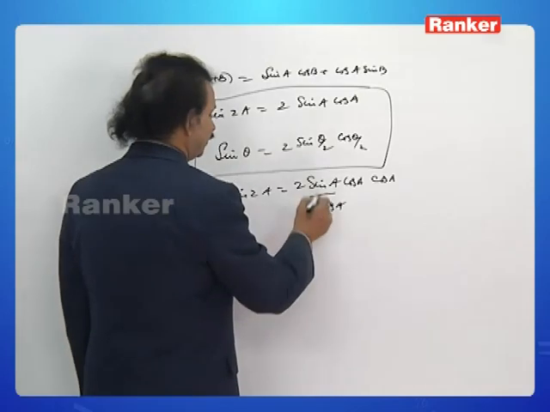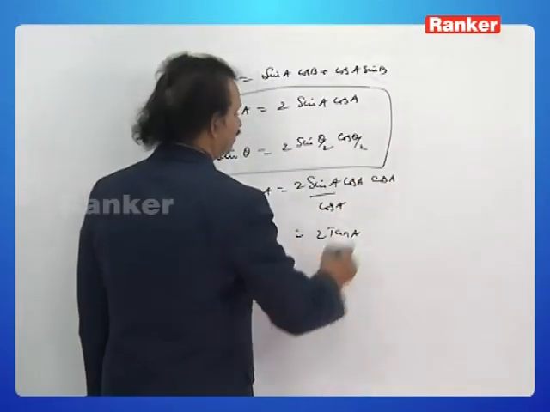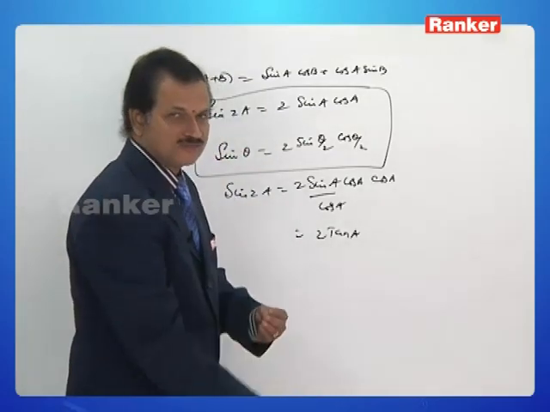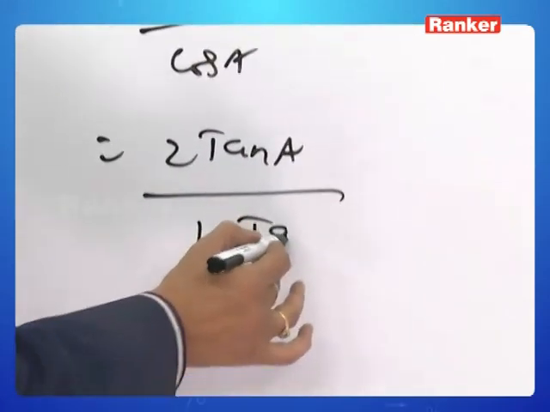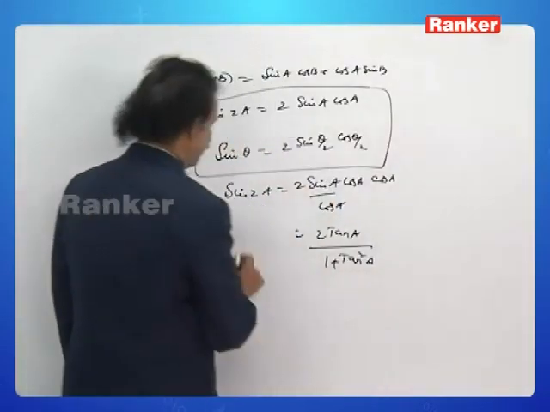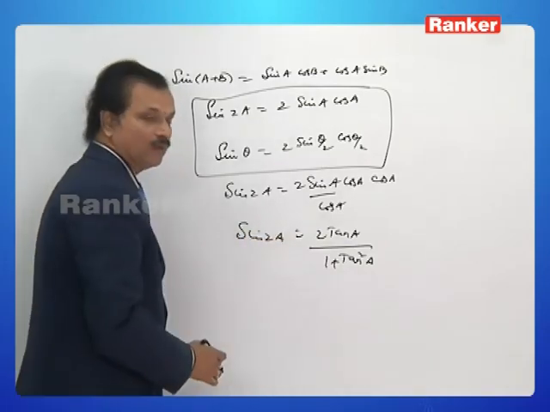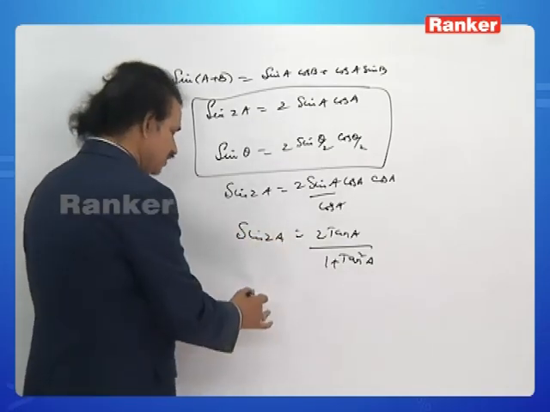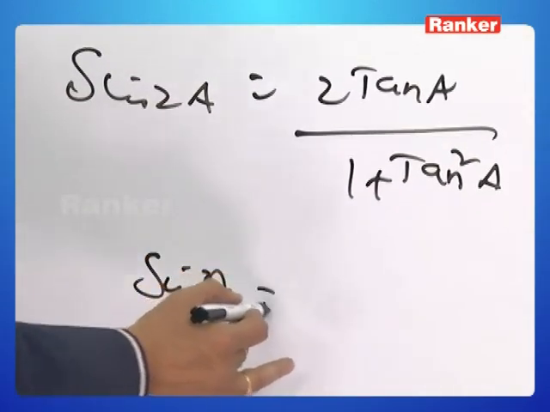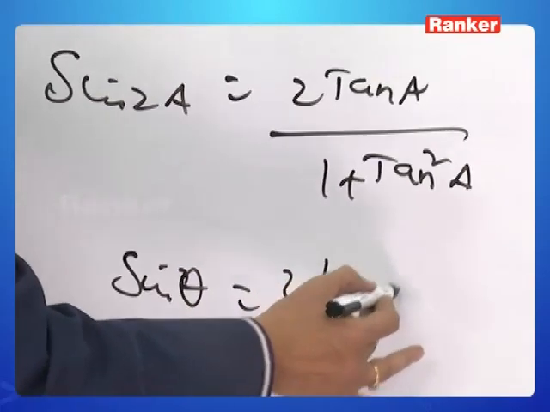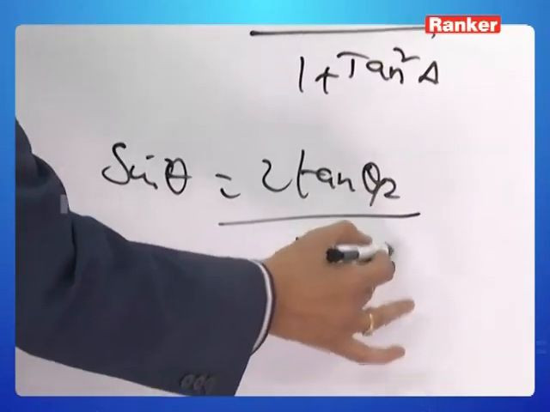Nothing wrong. 2 into sin A by cos A, tan A. Cos A into cos A, cos square A. If it goes to the denominator, secant square A. Secant square A is nothing but 1 plus tan square A. Therefore, sin 2A is equal to 2 tan A by 1 plus tan square A. And here in this formula, put theta by 2 in the place of A. Sin theta is equal to 2 tan theta by 2 by 1 plus tan square theta by 2.